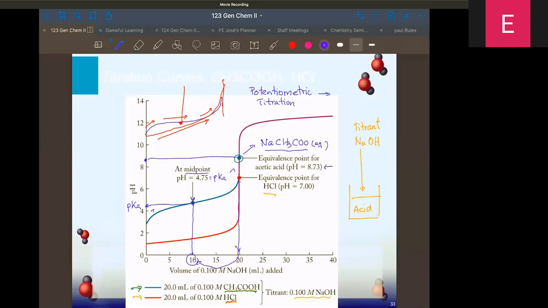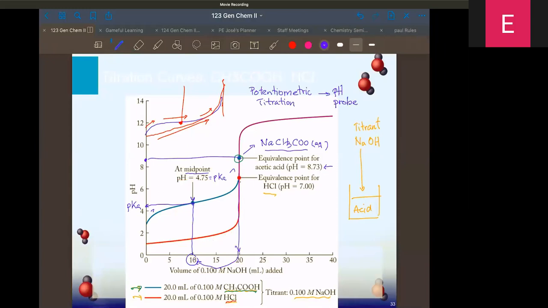Potentiometry is the technical name for the pH probe, or the physical phenomenon that you use to calculate the pH. So a potentiometric titration is done using a pH probe.